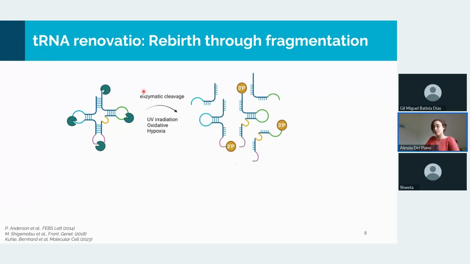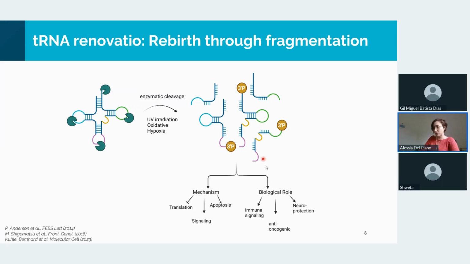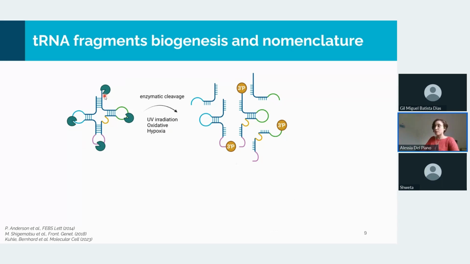Usually this enzymatic cleavage is triggered by different stress stimuli, and this cleavage will generate a variety of fragments which can participate to various biological processes through different mechanisms of action. But which are the nucleases involved in their generation?